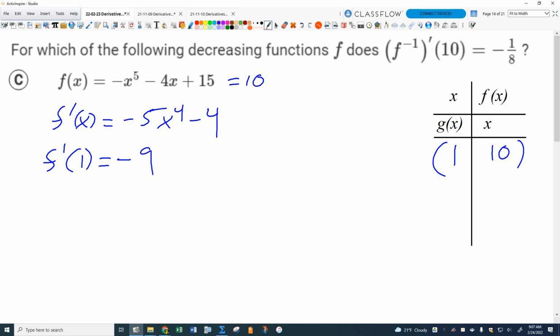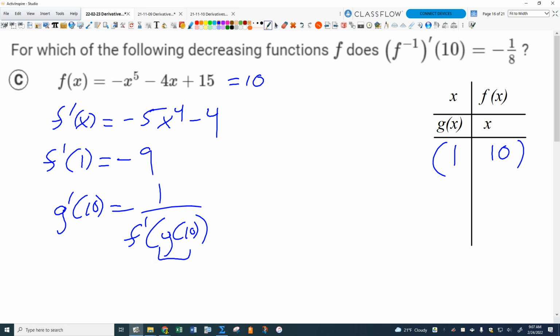When we do g prime of 10, it is 1 over f prime of g of 10, which is just 1, right, from our table, right there. I get 1 over negative 9, negative 1/9, and it doesn't work, right?